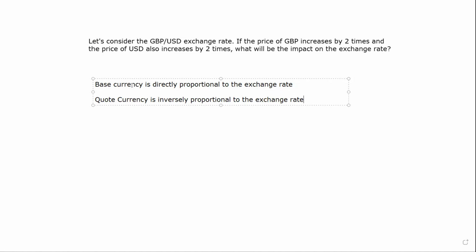This means that if the base currency increases, then the exchange rate will also increase.